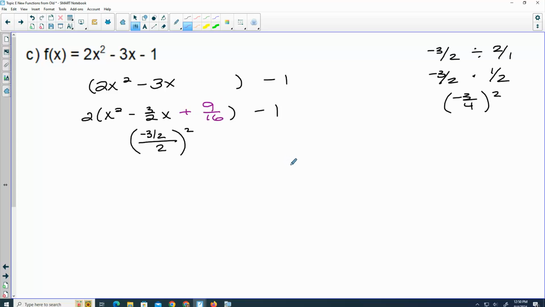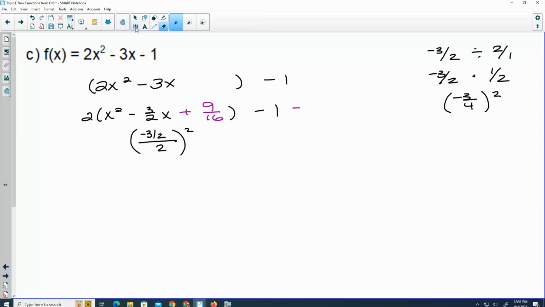Now here's where the trick really comes in. Isn't it just 9 over 16? We have to subtract that off out here, right? But I didn't really add 9 over 16 to my problem. Because if you start multiplying this out, you get 2x squared minus 3x. You would have 9 over 16 times 2, 18 over 16, which would reduce to 9 over 8.